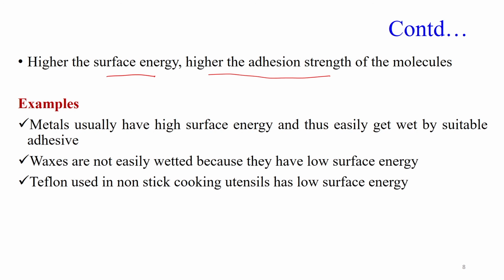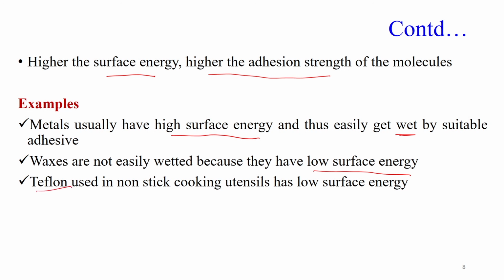These are a few examples where we see the role of surface tension or surface energy on a daily basis. Metals have high surface energy and thus easily get wetted by a suitable adhesive. So, metals and adhesives are used for various applications. Next, waxes are not easily wetted because they have low surface energy. So, whenever we want to prepare a surface that should not be wetted, we see a coating of waxes.